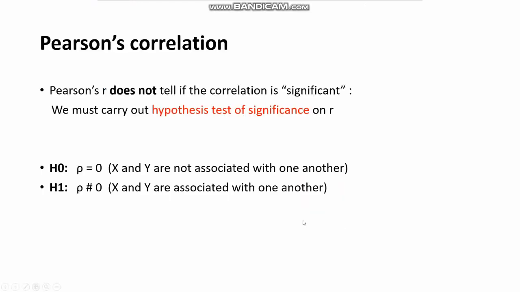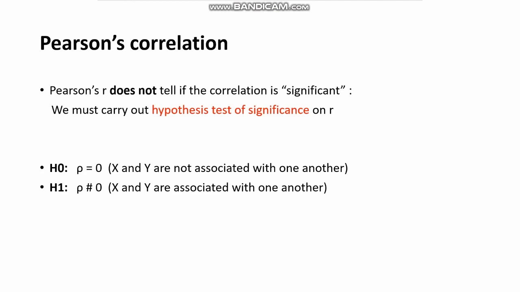Pearson correlation measures the strength of the linear relationship between two continuous variables. But it doesn't tell you whether the correlation is significant, whether at the population level we see the correlation or not. So we must perform a hypothesis test of significance to see if at the population level the correlation is significantly different from 0 or not.